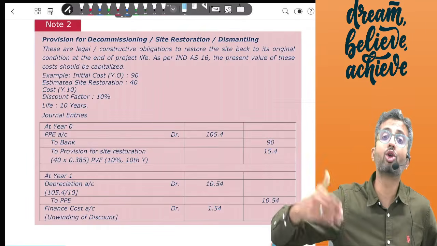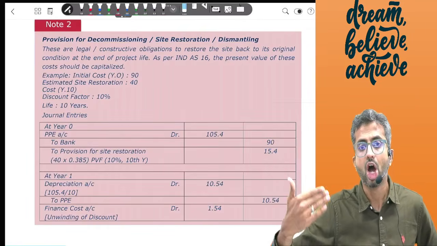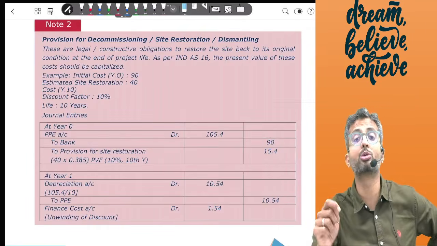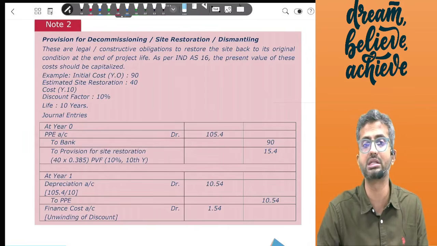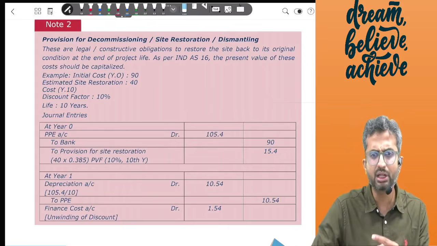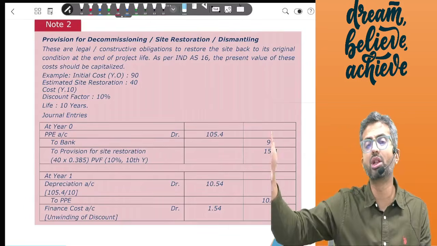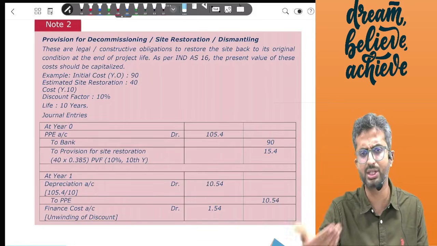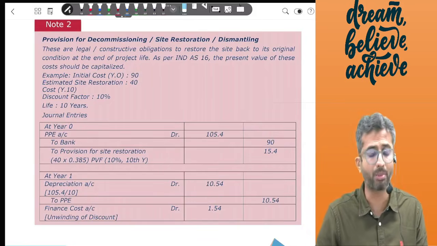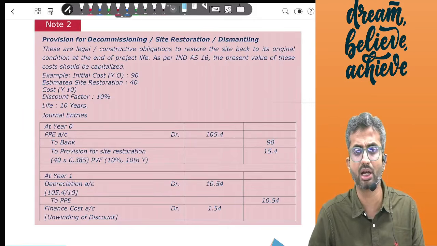But instead of paying today, you are paying after 10 years, and as a result, the additional amount is linked to the passage of time, and hence the unwinding cost is taken to the P&L under the larger heading of finance cost, in such a way that slowly this will reach all the way up to 40, and then once the dismantling actually happens, provision account debit to bank, done at 40 rupees.